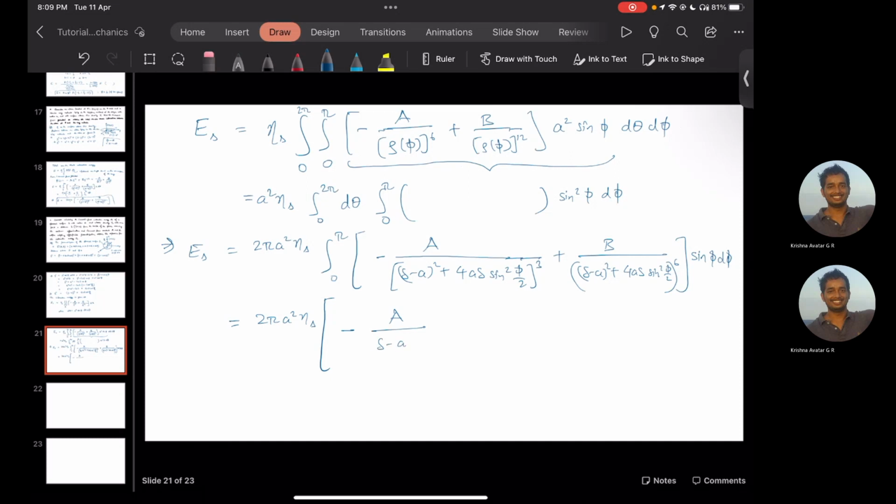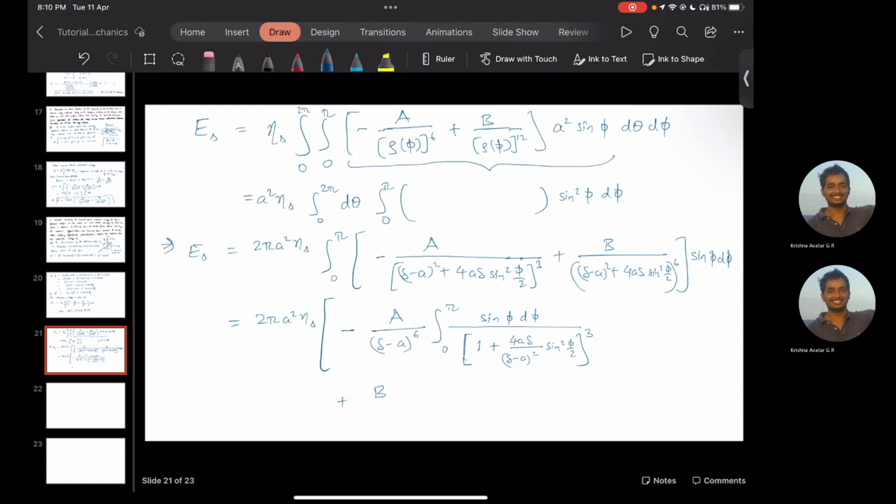So we'll have del minus a to the power 6, 0 to pi, and then sine phi d phi divided by 1 plus 4a del over del minus a whole squared sine squared phi by 2, to the power 3.